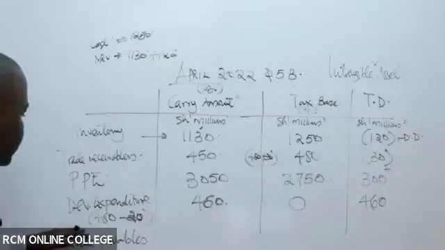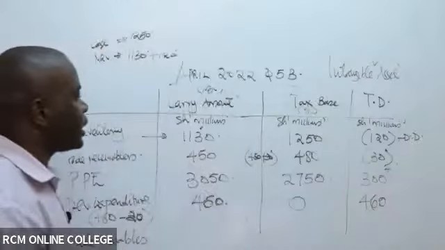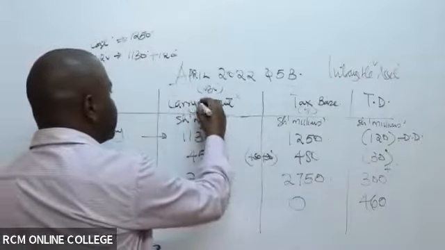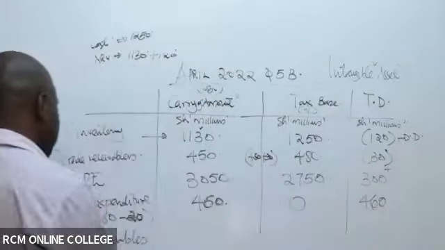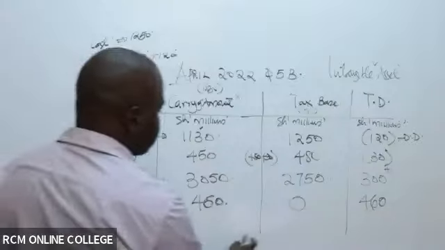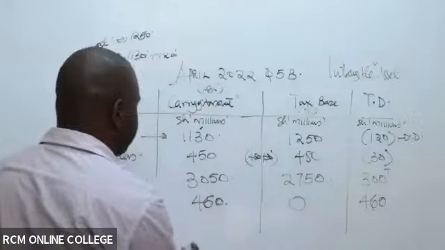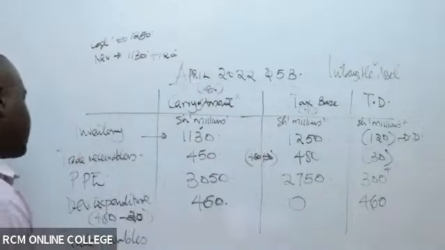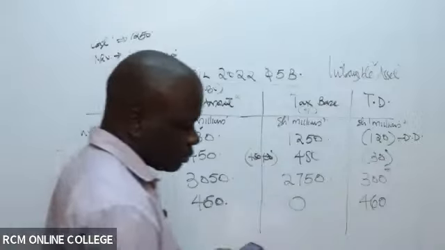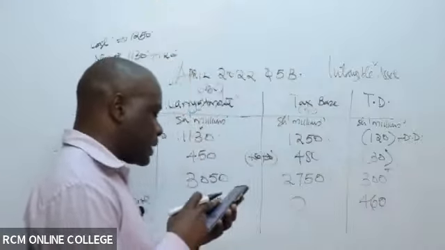Remember, all these other ones are basically liabilities. So when you are considering the carrying amount and the tax base here, these ones will actually be negative. So for the trade payables, you're told they are carried at 600 million.